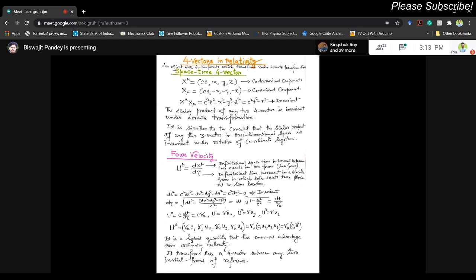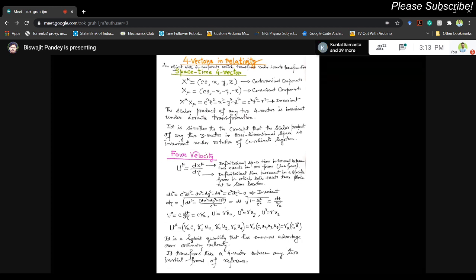Since there is no rest frame of a photon, you cannot define the 4 velocity of a photon. The funny thing is that you can define the 4 momentum of a photon. Let us see how, although these things may be a bit contradictory, but okay, I'll clarify things. The 4 velocity of a photon is undefined.